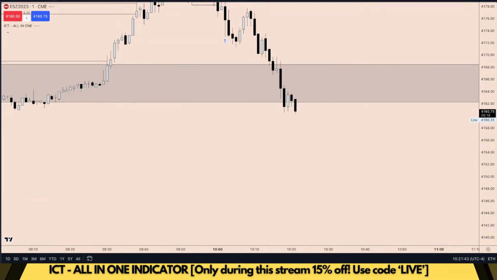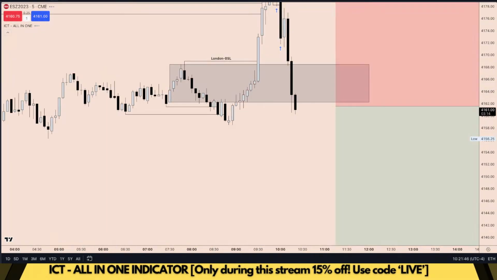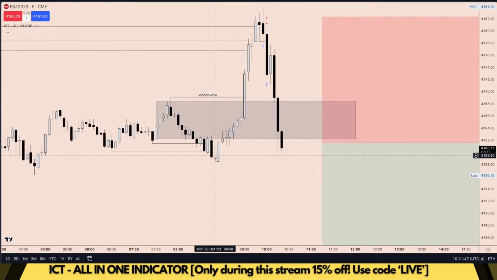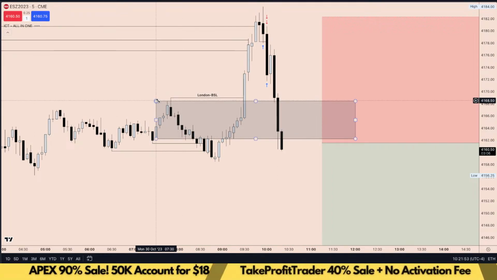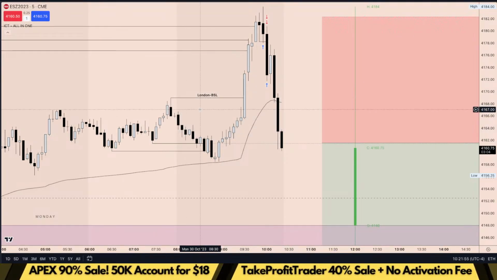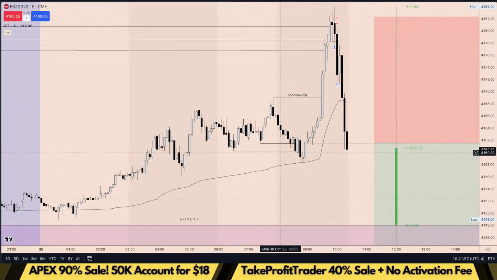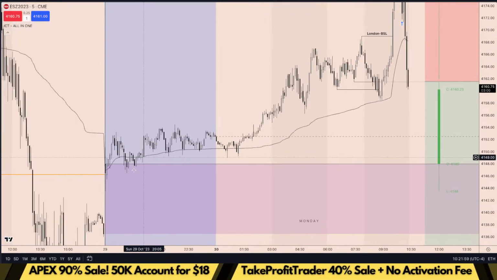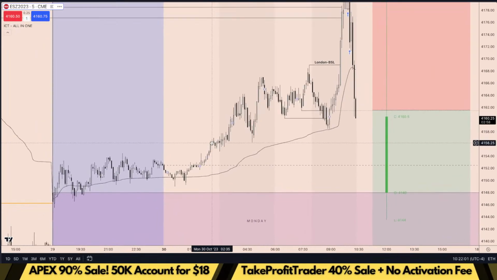Let's check out the 5-minute structure. Same market structure shift level would be a pump and dump. We took out buy side. We might now want to revisit this Asia accumulation.